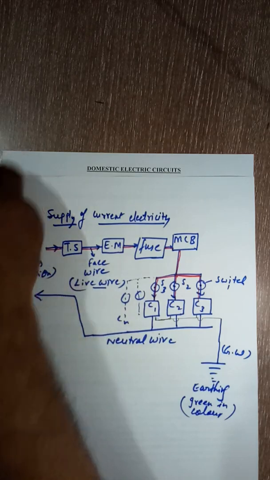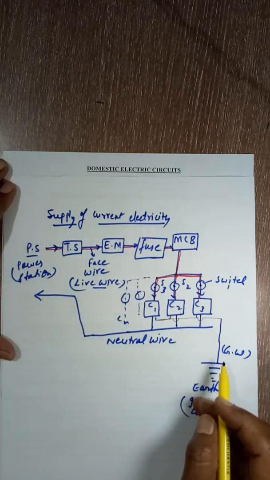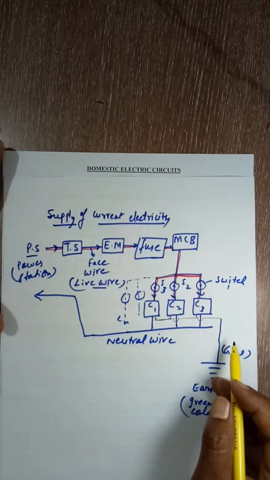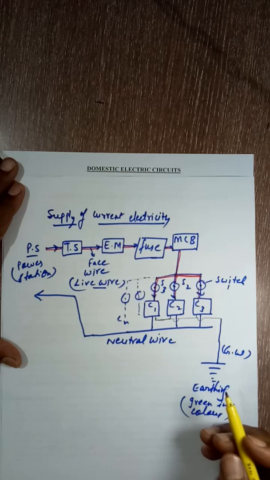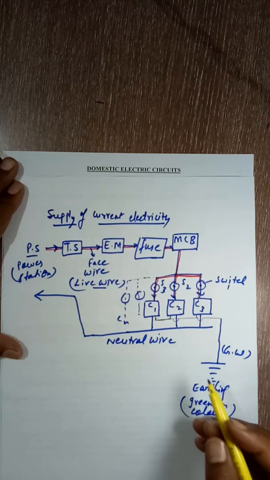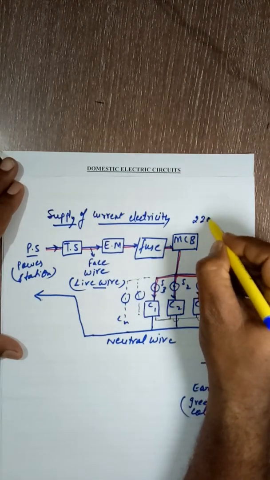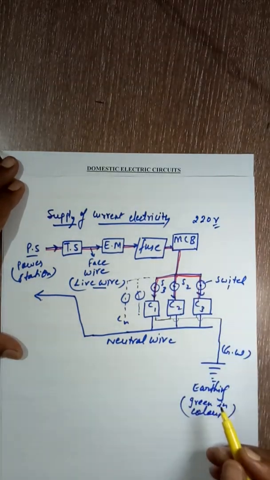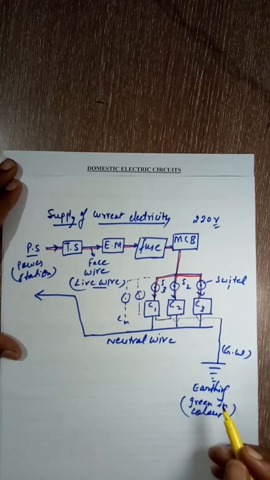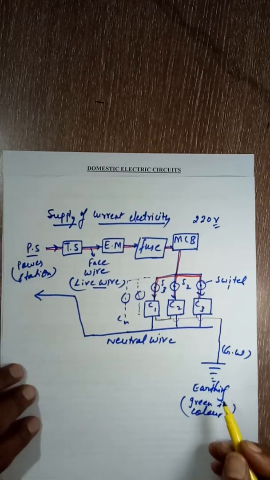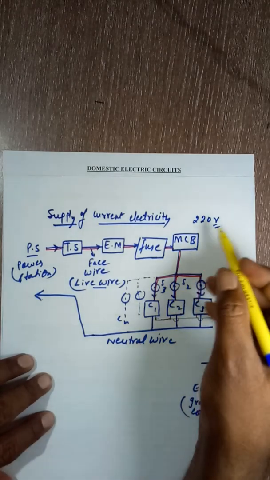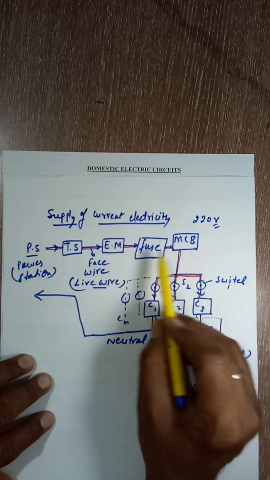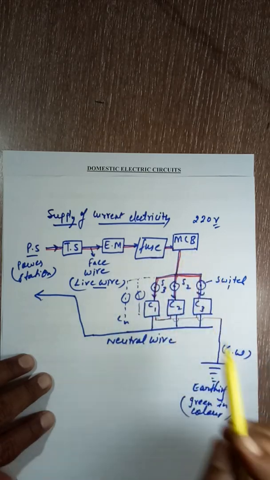Now here one important thing to be mentioned, that whenever high current comes, whenever voltage is more than the standard value. Generally in India the voltage is 220 volt, which is being maintained, but somehow due to some fault or any other reason, if voltage comes more or current comes more, then the miniature circuit box and the fuse combination works.